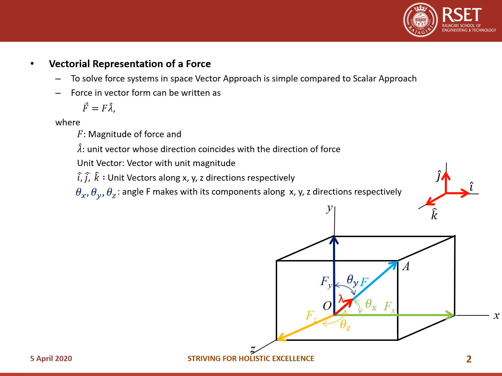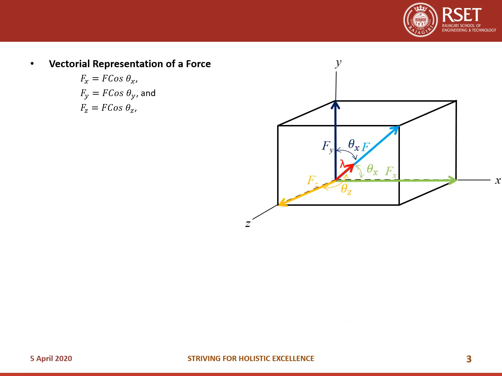Then let these be the angles. So now we can write Fx, the horizontal component of the force, as F cos theta x, right? F is the magnitude of the resultant force. Now Fy you can write as F cos theta y, and Fz you can write as F cos theta z.